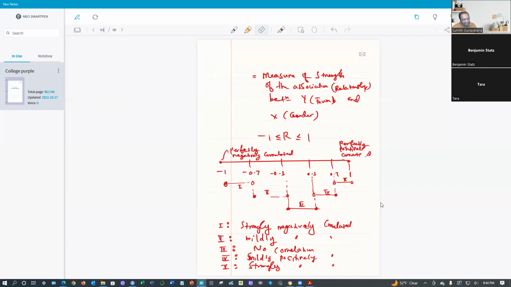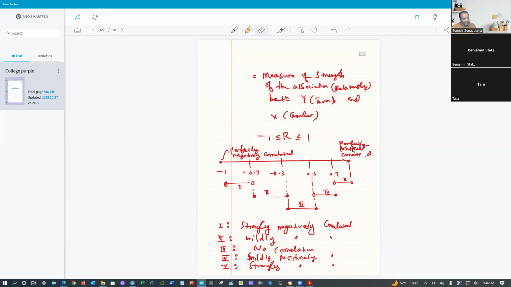Write something like that. This one to this one: left endpoint excluded, right included. So the fourth one means positively correlated, mildly positively. Within this range, both endpoints are excluded: 0.7 to 1, strongly positively correlated.